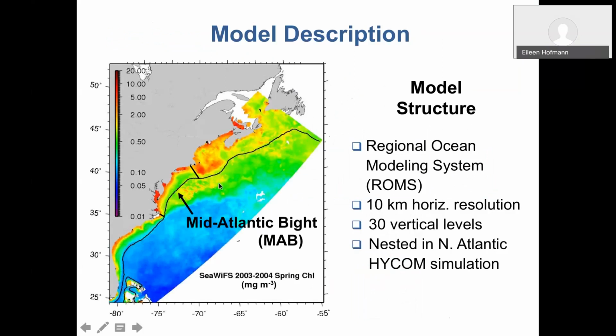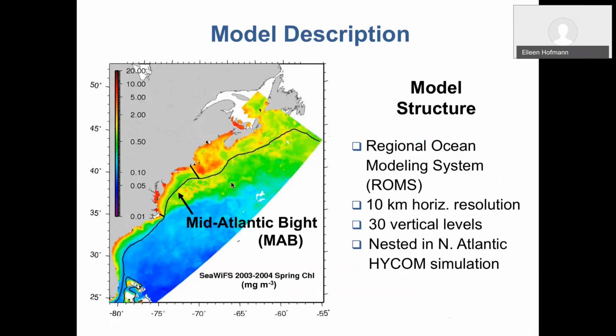So the model structure consists of a circulation model based upon an implementation of the Regional Ocean Modeling System. The details don't matter so much, but it's been nested in the larger North Atlantic HYCOM model, which provides the boundary currents and inputs into this smaller model domain that's been set up for the Mid-Atlantic Bight model.